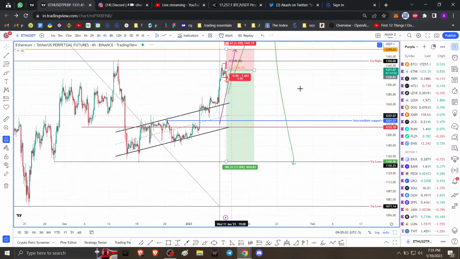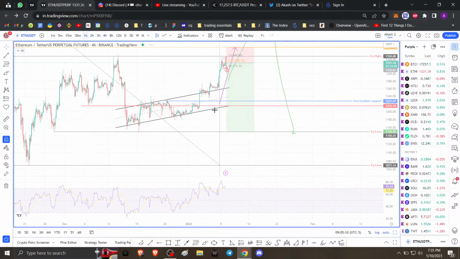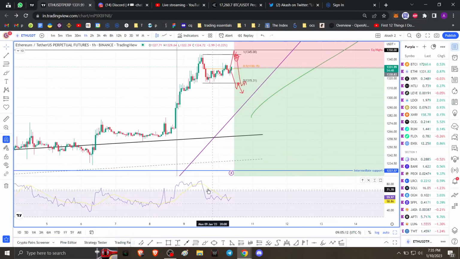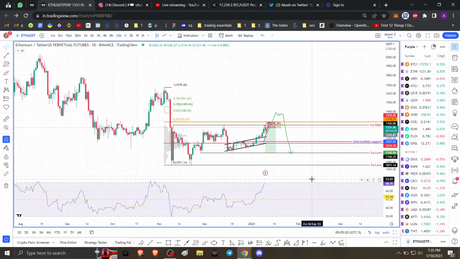Let's see what's happening on a 4-hour time frame with respect to RSI. Prices produced a higher high from this point on a 1-hour time frame, with a pretty steep drop in momentum. On a 1-day time frame, we are reaching for the overbought zone.